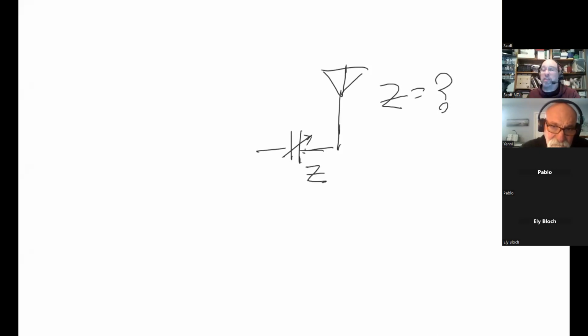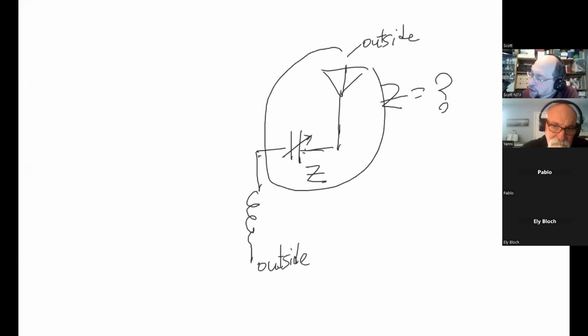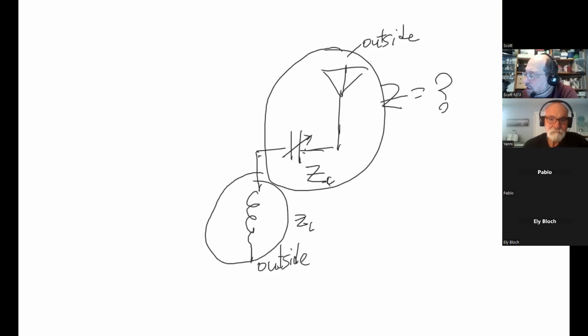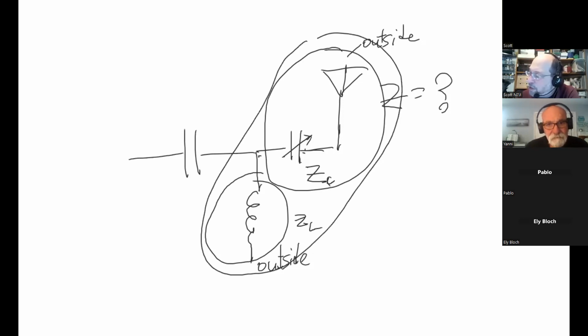Series inductances simply add. And this is in parallel in a way, because this is the outside world at the end of the antenna. So this combination is now in parallel with this right here, which is ZL. And then this whole combination is in series with this, which is actually a pretty complex mathematical thing.